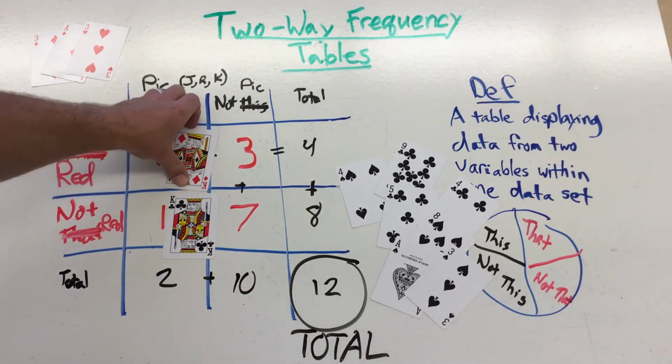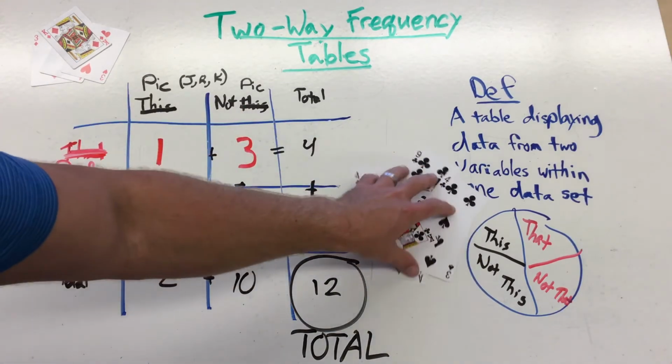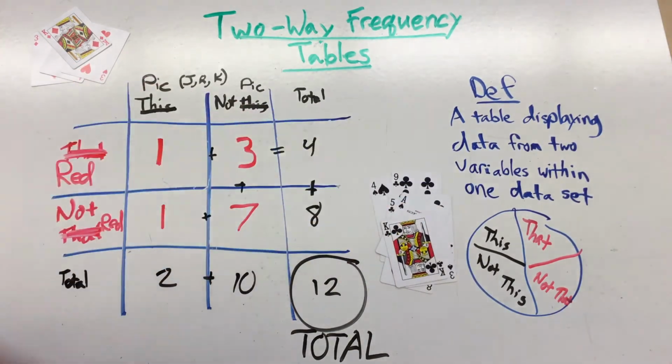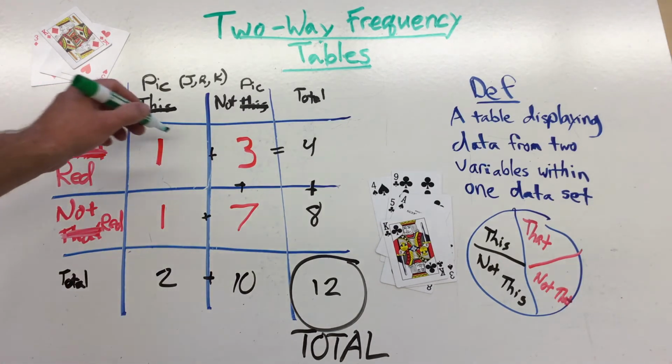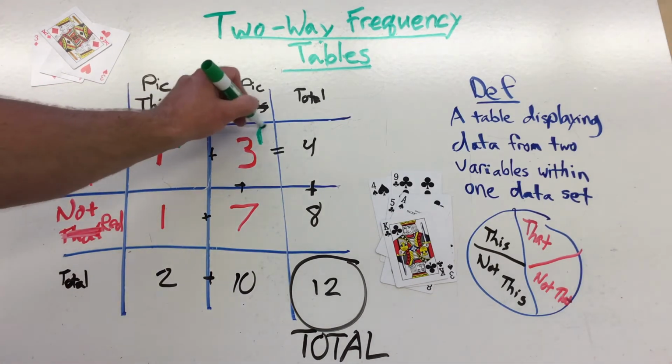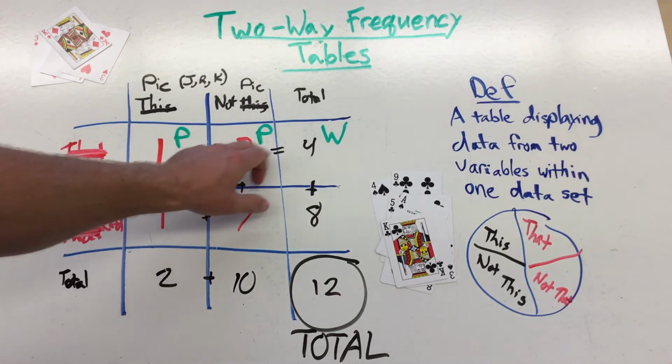Now, a couple more things I want to talk to you about before we move on. Let's talk about the anatomy, the structure of this. I'm going to put a letter here. P, P, W. When we talk about ratios, we talk about two types of ratios: part to part, part to whole.